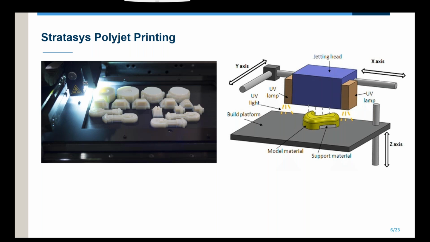And as the model grows, the whole tray, the build platform, is lowered along the z-axis to allow for a constant distance between the jetting heads and the printed model.